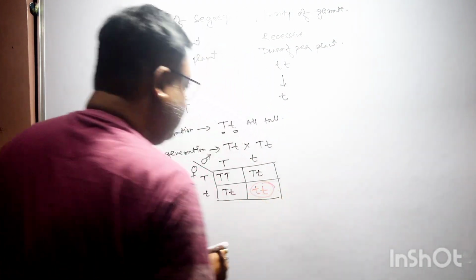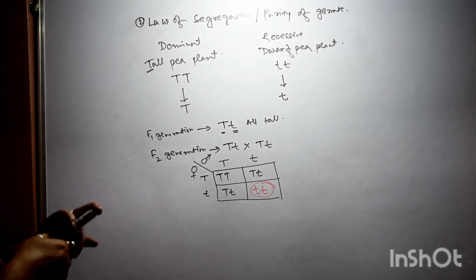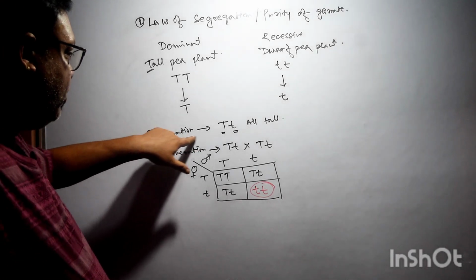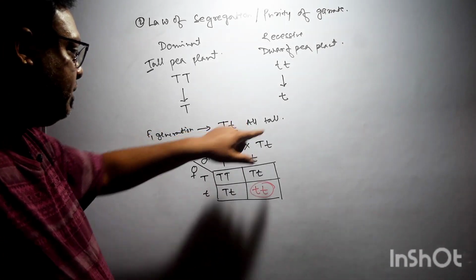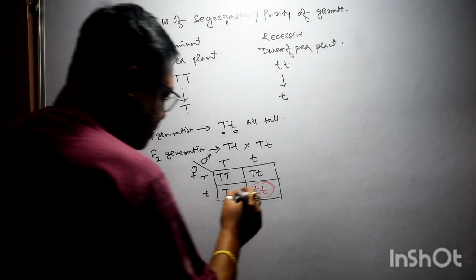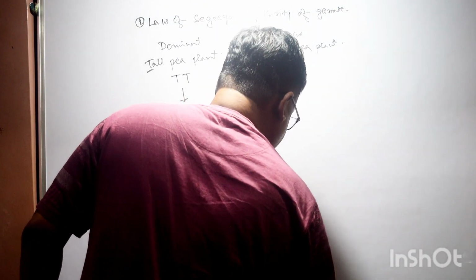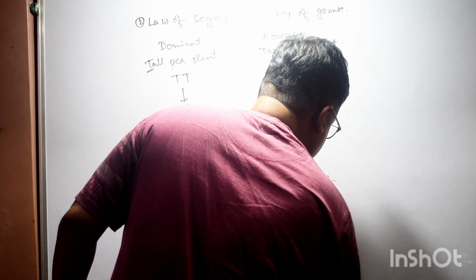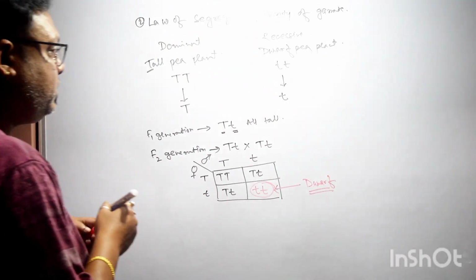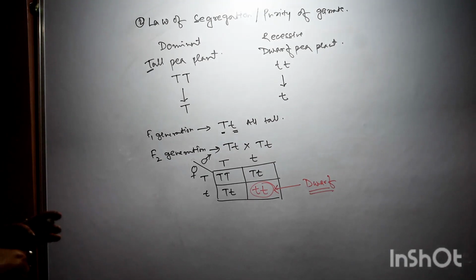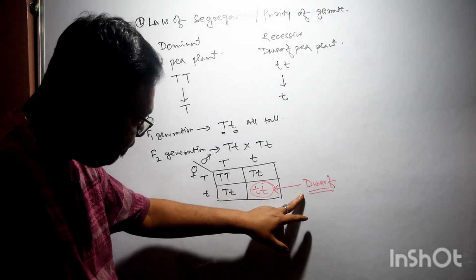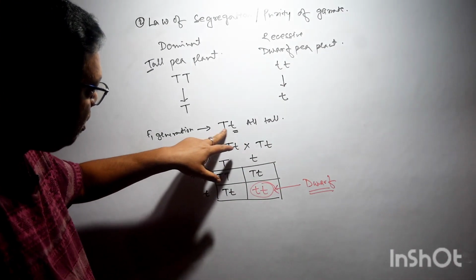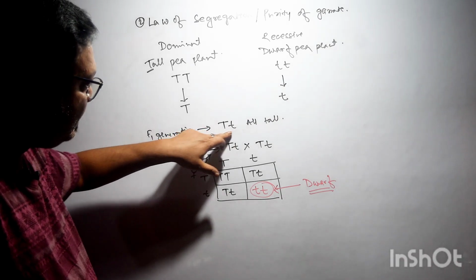As you can see that in F1 generation all were talls, but in F2 generation we got one plant which has dwarf in nature.